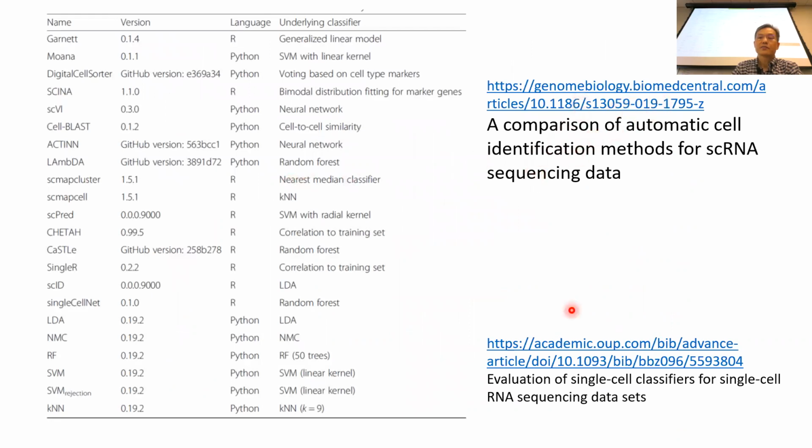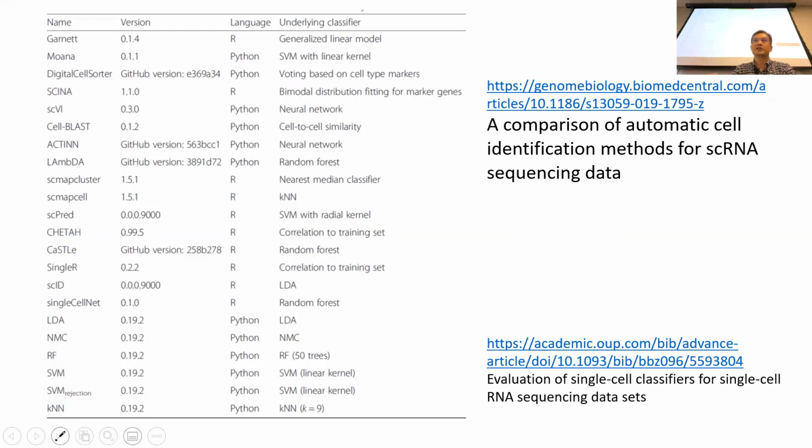I think I have some of this evaluation paper link if you want to look at them, and they compare so many different methods. Some of this just LDA directly, some random forest, some SVM, KNN directly. So they use these baseline classifiers.